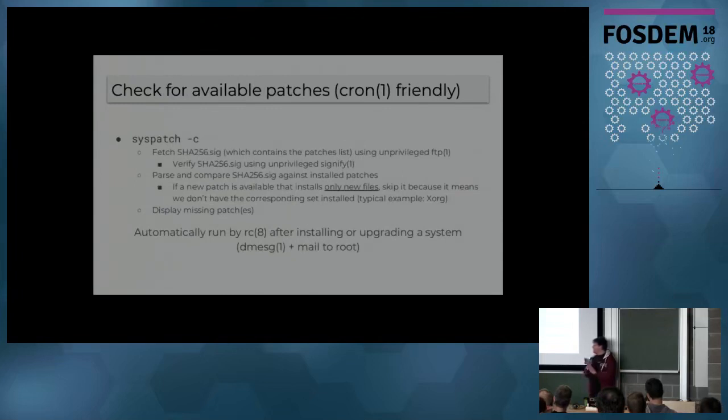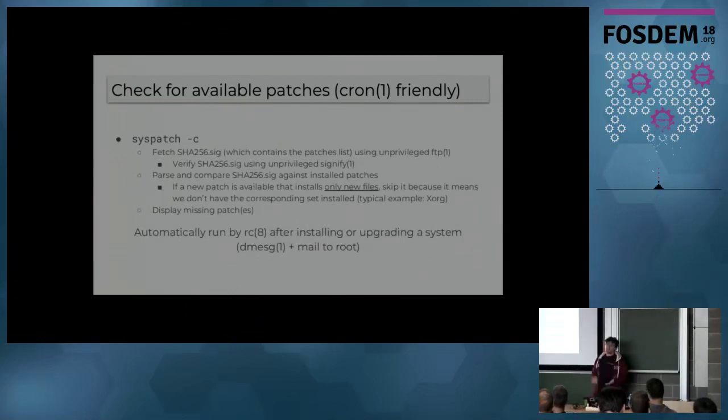So let's look a bit at the options. We have syspatch -c. That's basically check: check what available patches are around. It will fetch the signature file, using the command from the previous slide.